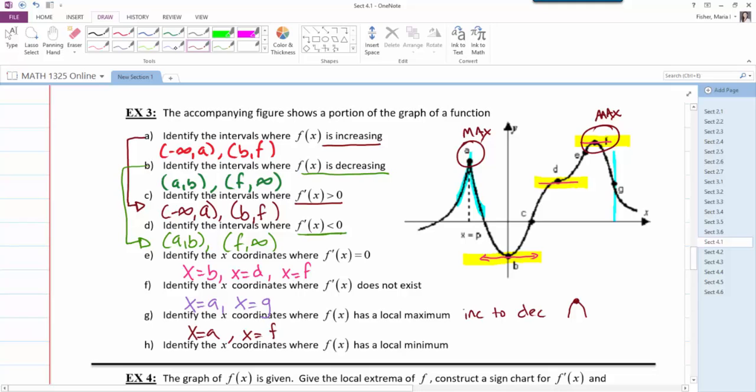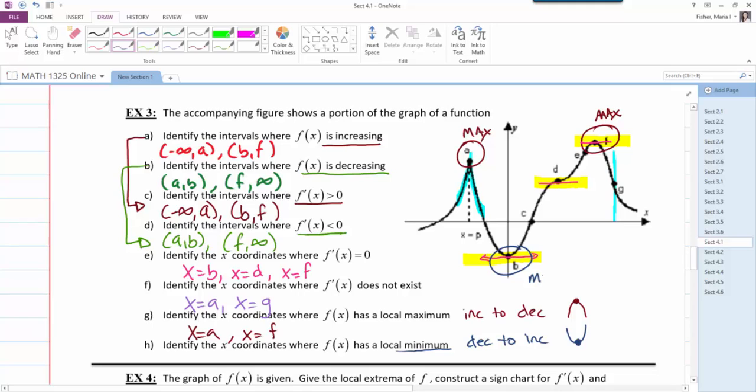Last part H, is asking us to figure out where we have local minimums. And local minimums occur where you go from decreasing to increasing. Well, notice here at B, I went from decreasing, then my function started increasing.